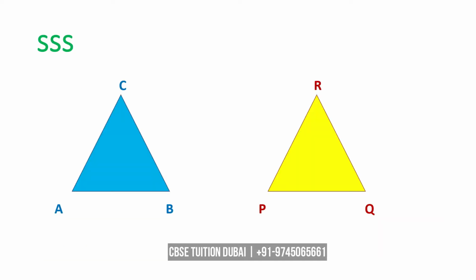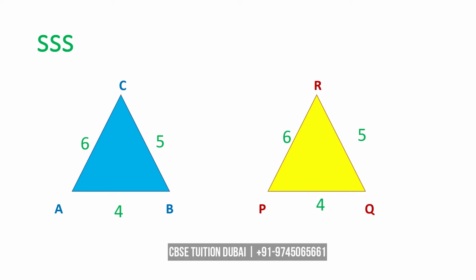SSS means what? If all three sides of one triangle match with the sides of the second triangle, we can say that these two triangles are congruent. And if they are congruent, the corresponding angles will be equal, which means AB and PQ are equal, BC and RQ are equal, and AC and PR are equal.